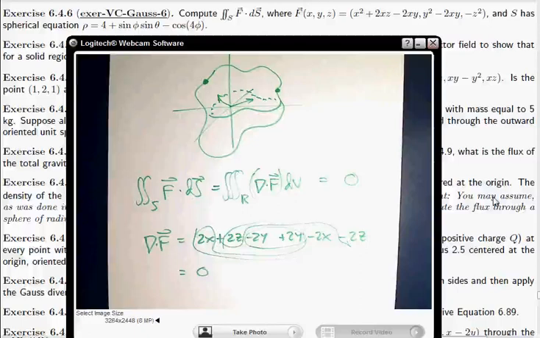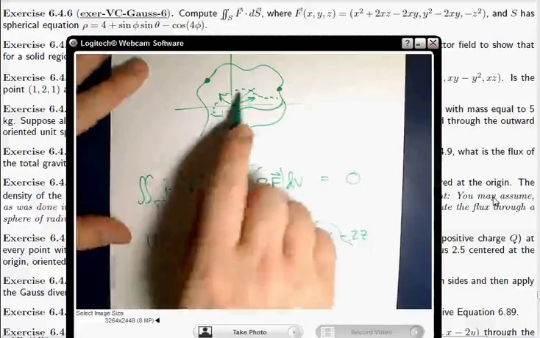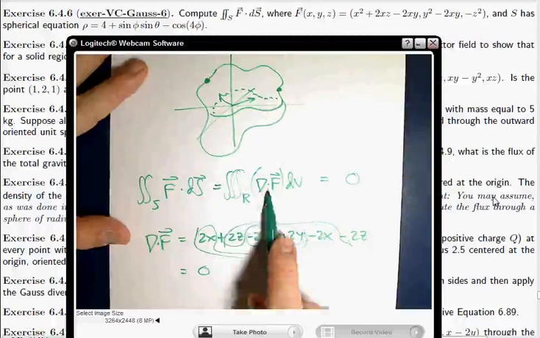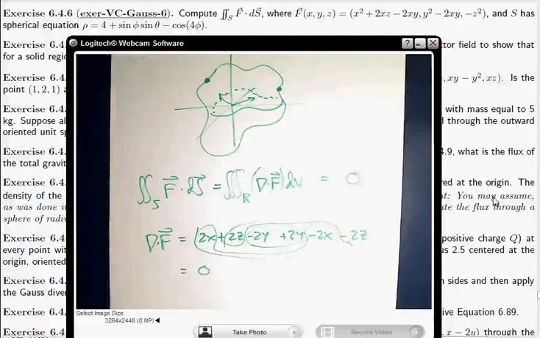It happened to be the case that we're doing a flux through a surface which is a boundary, for one thing. We see there's a boundary of a solid inside of there. And furthermore, the divergence happens to be 0. So lucky break. What if it's not 0? Then this would be a much harder problem. Much harder. Yeah, absolutely. And that's a very reasonable question. I didn't mean to be glib about that.